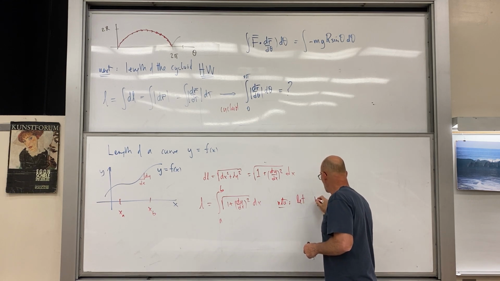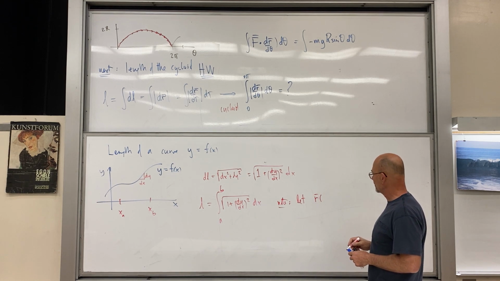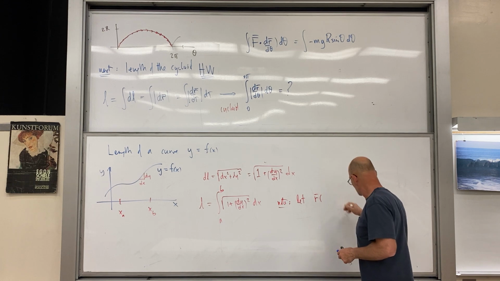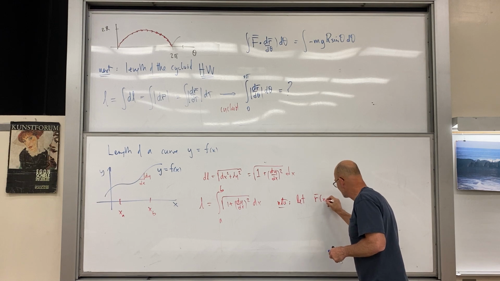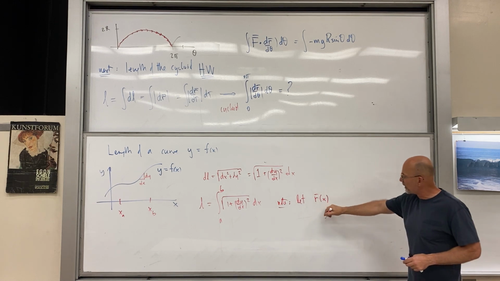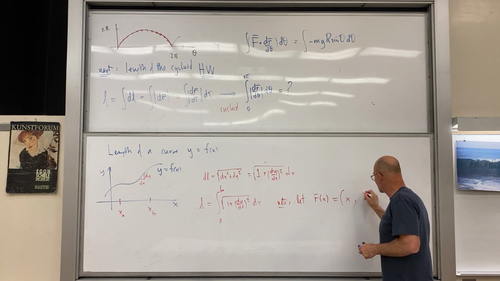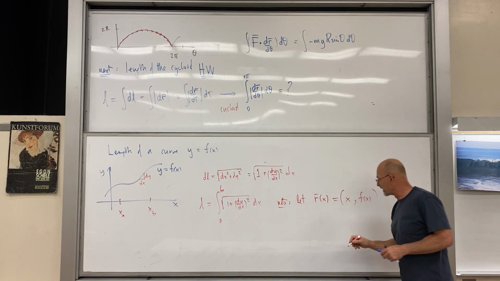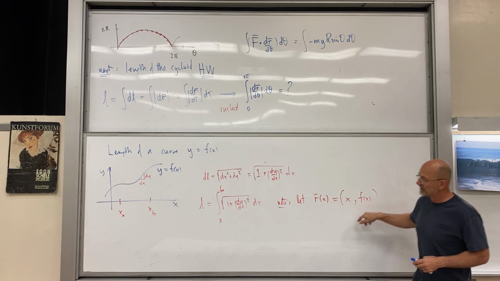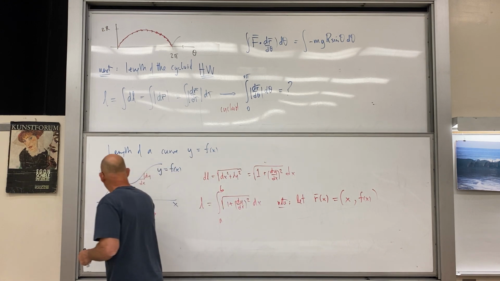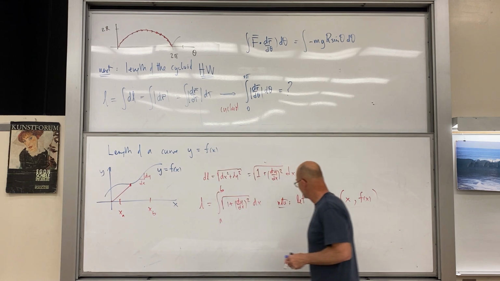Let R of x. So if we want x to be a parameter, we can make our vector like this. It's x comma f of x, right? That's our vector, so to speak, with the coordinates x, f of x. There's our origin. There's a point, x, f of x.